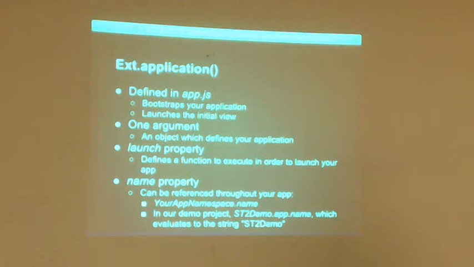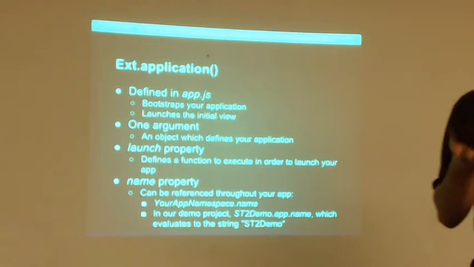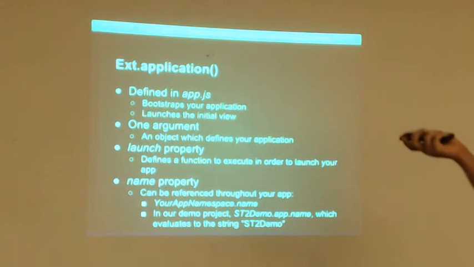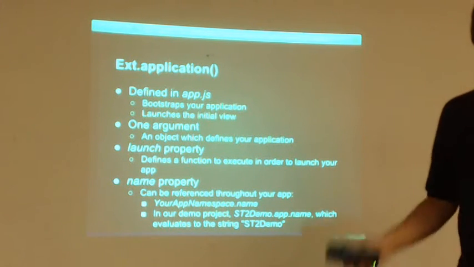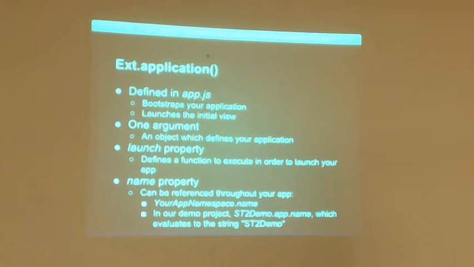You specify things that you need globally, like for example your application models, stores. You can include those all in app.js and they'll just be available to the rest of your application. You don't want to put everything in there because it'll get very cluttered, and you can put the view dependencies in the other files, which I'll get to later.